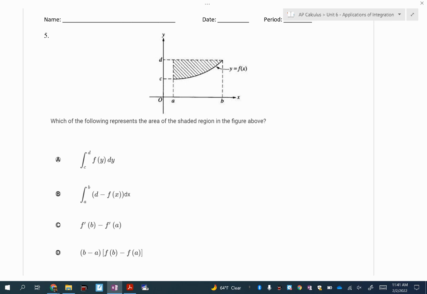So if the A was on the y-axis, it could be a couple answers here, but it's not. So the integral is going to be from A to B, where your line, y equals d, is on top of the function the entire time. So it's going to be d minus my function. So I'm looking at letter B for this to make sense, where it's the line minus my function. You're going to see another problem that we do later, where it's actually this exact piece. All right, so 5 is B.